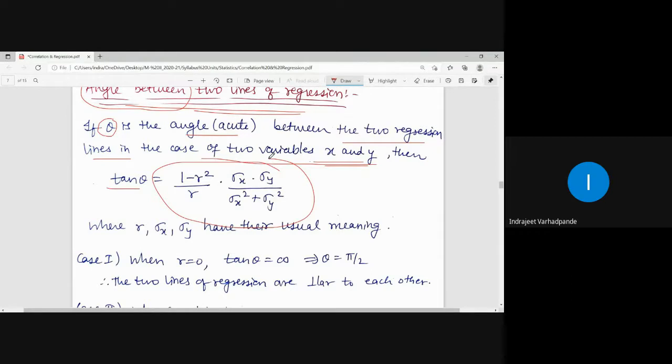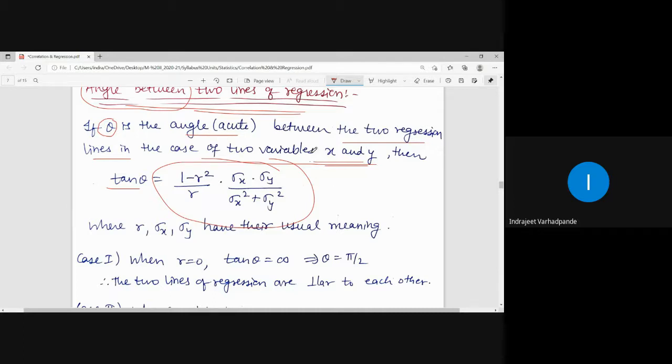What is sigma x square? It is variance. In the previous class we saw variance represents the measure of dispersion. So sigma x square, sigma y square represents the measure of dispersion or scatter. Its positive square root is nothing but the standard deviation.